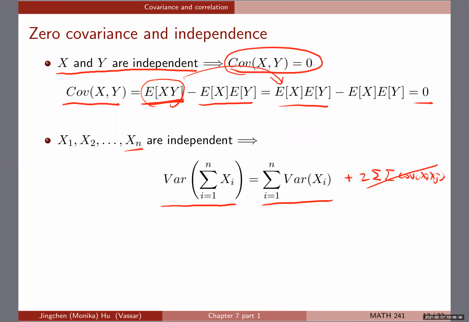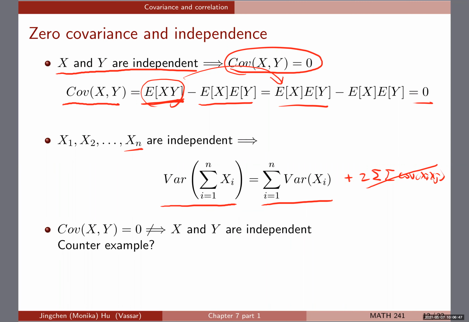All right, notice this is only one way. Meaning that if x and y are independent, you know that the covariance is zero. However, covariance equal to zero does not mean that they're independent. Another highlight I want to make is that covariance equal to zero is not a sufficient condition.